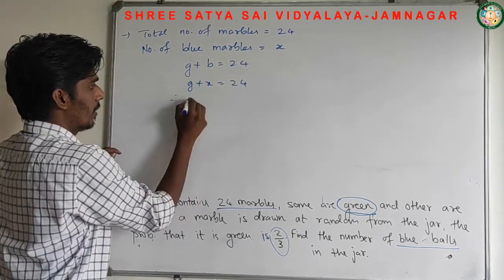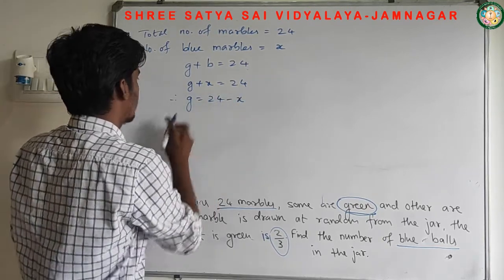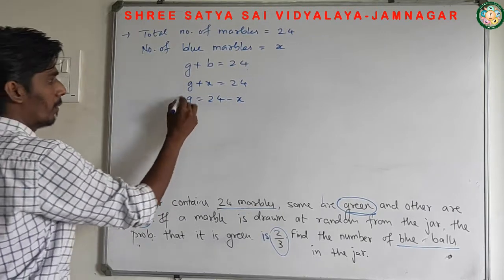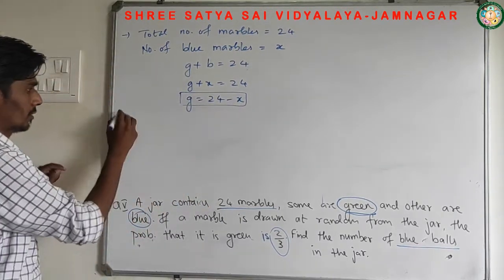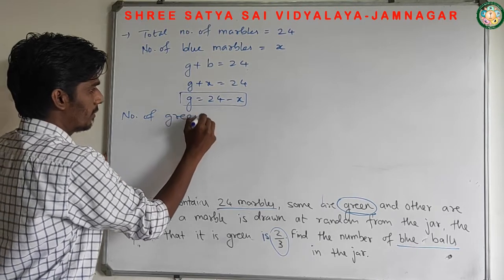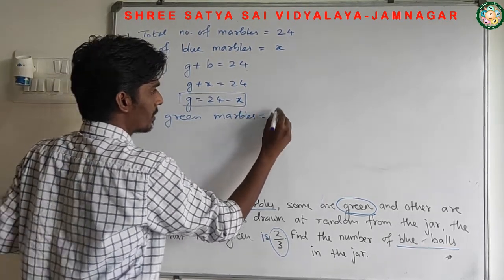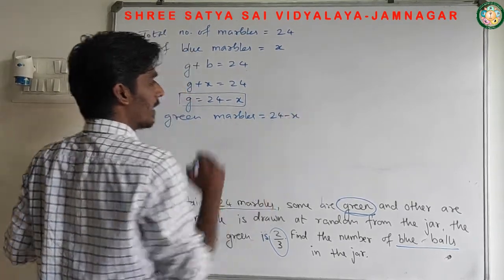So I can say that the number of green balls is 24 minus X. Number of green marbles is 24 minus X.